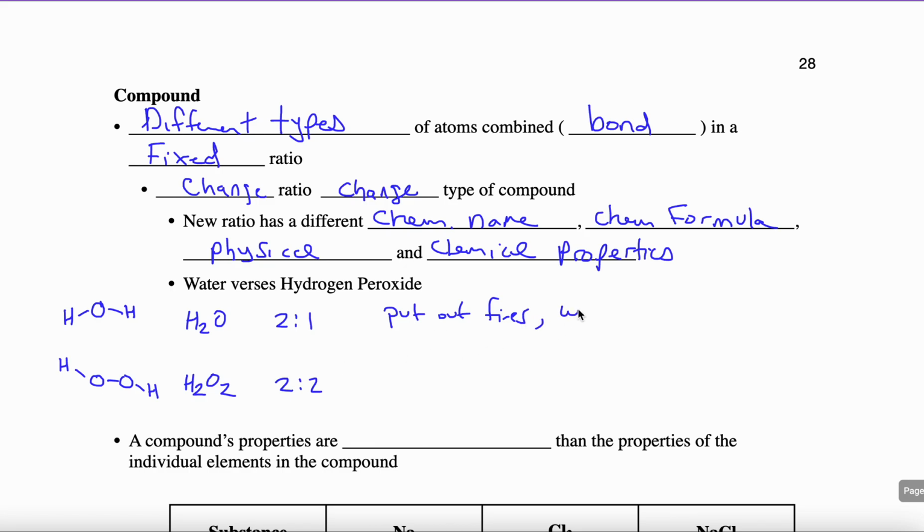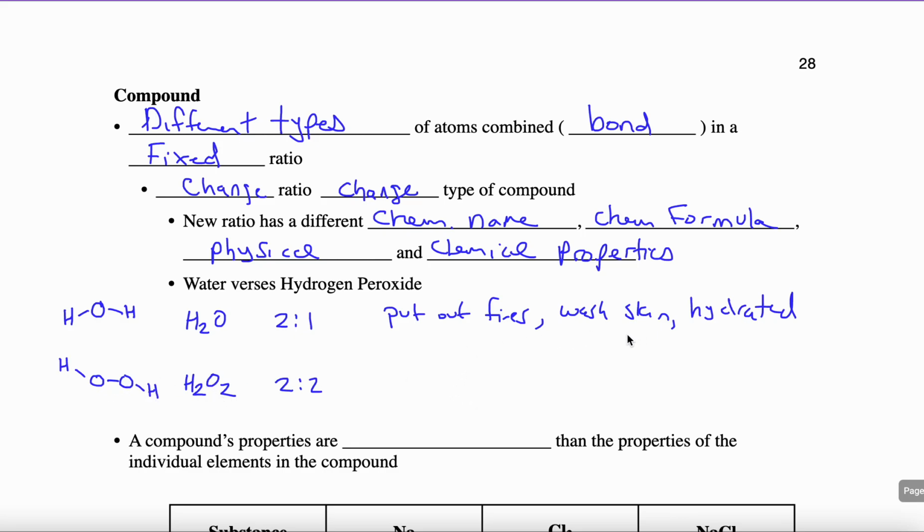We use it to wash our skin or hair, right? We need it to stay hydrated. Those are some common uses for water. Now, you take this slightly new ratio, 2 hydrogens to 2 oxygens. We have a different structure.